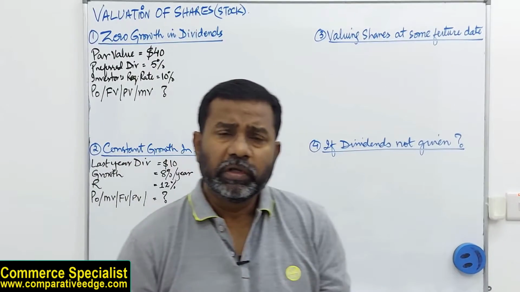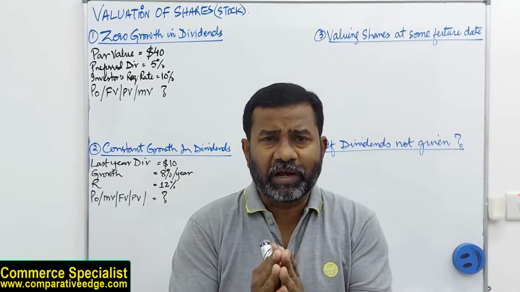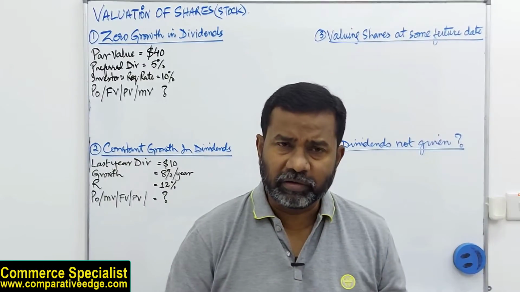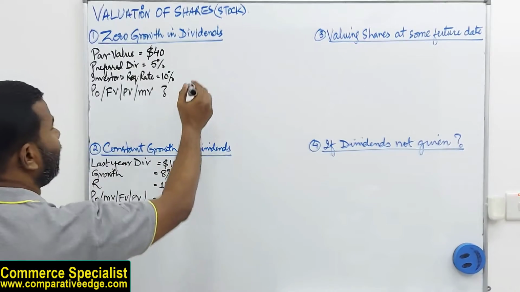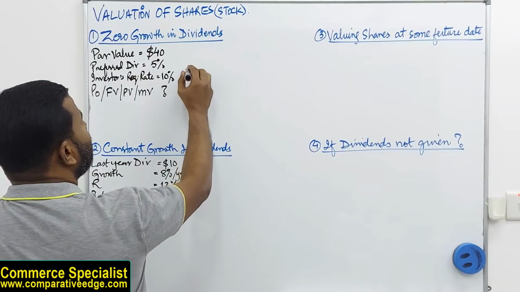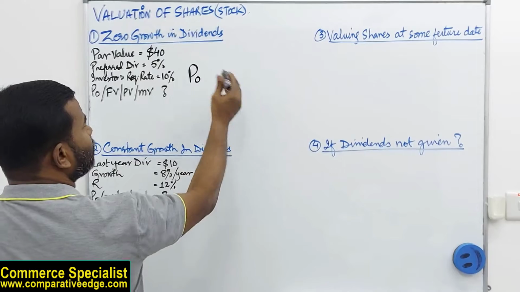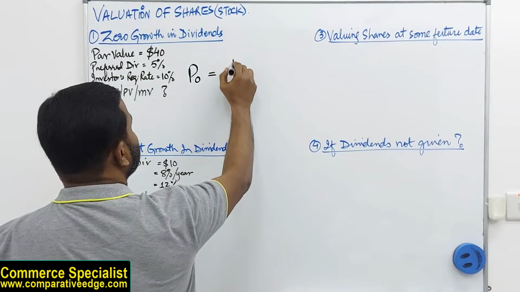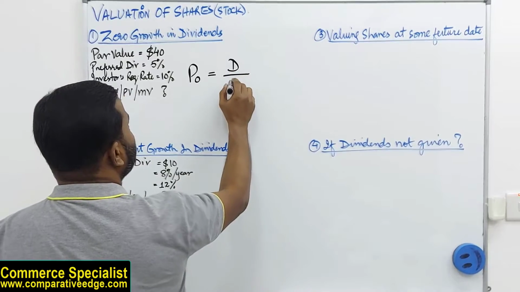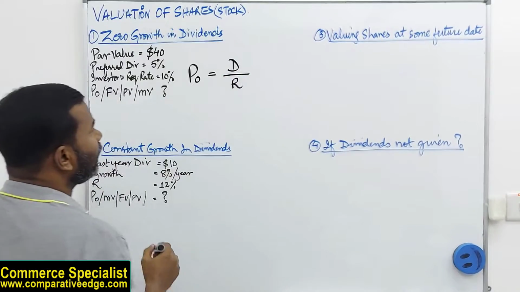So please note, if the dividends are the same every year, it is just like a perpetuity. We use the formula like this. Present value of the share or market value of the share is equal to the amount of dividend divided by investors' required rate of return.